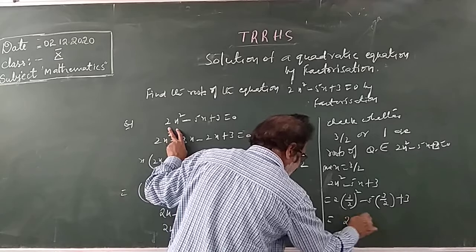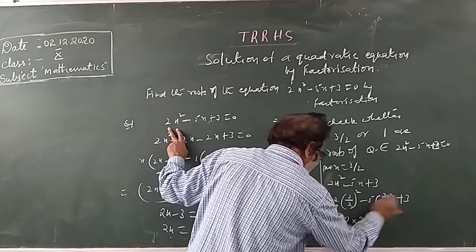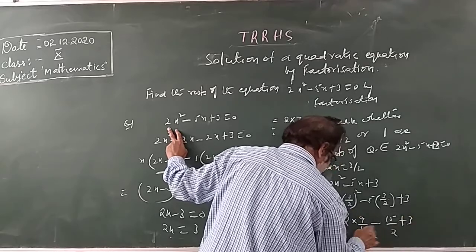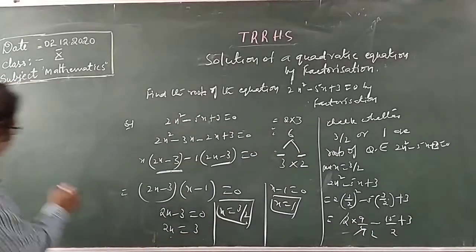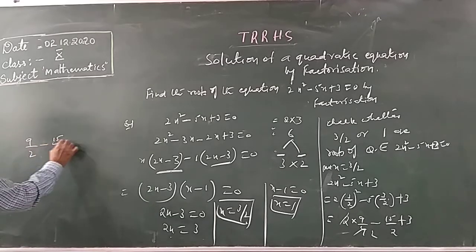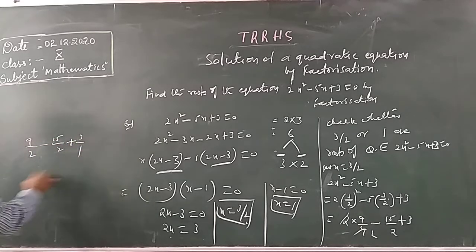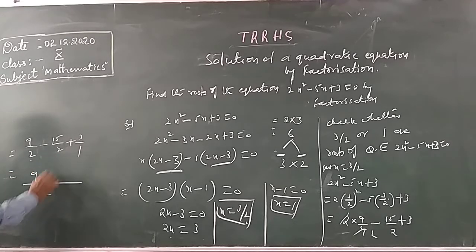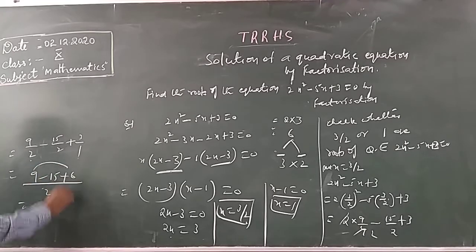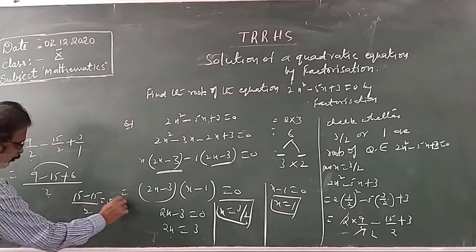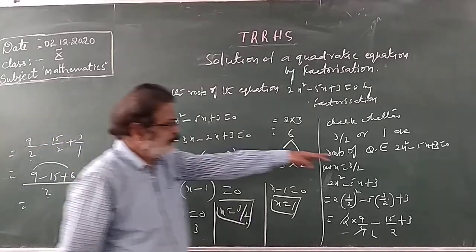2 into 3 square, 9, over 2 square, 4, minus 15 by 2 plus 3. So we get 9 by 2 minus 15 by 2 plus 3. Take LCM 2: 9 minus 15 plus 6, which is 15 minus 15, equal to 0. We got 0.